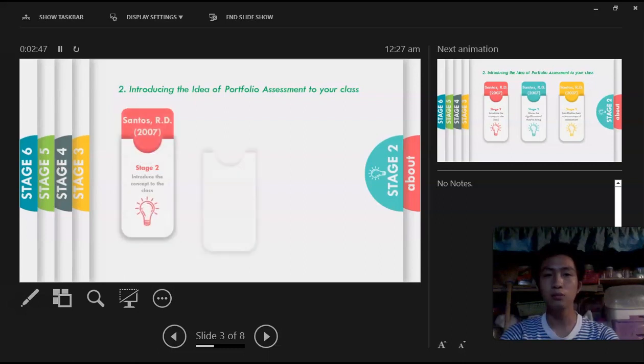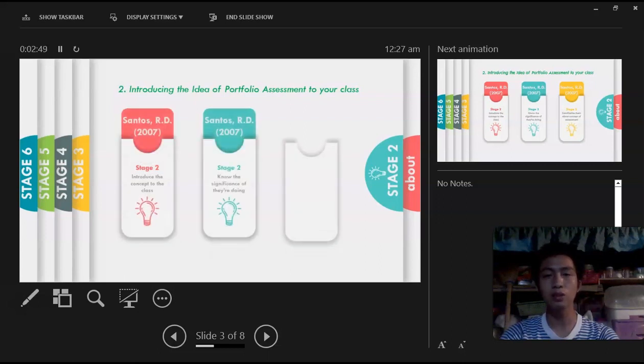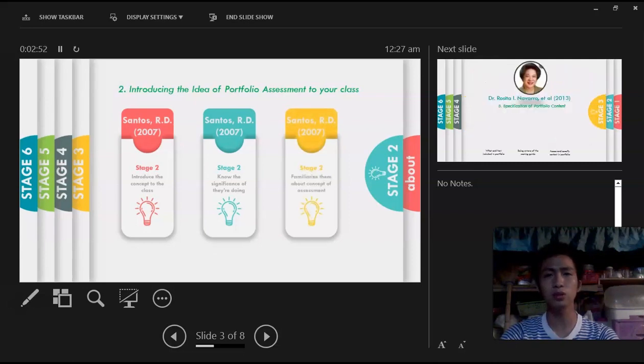Introduce the concept to the class. So it is very important for us to introduce portfolio assessment to your class.